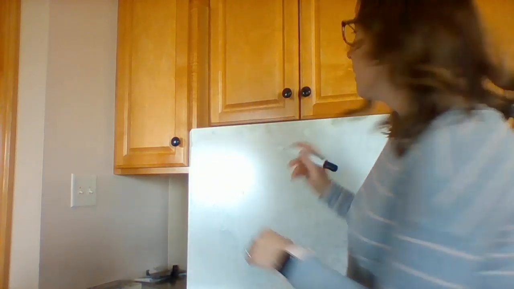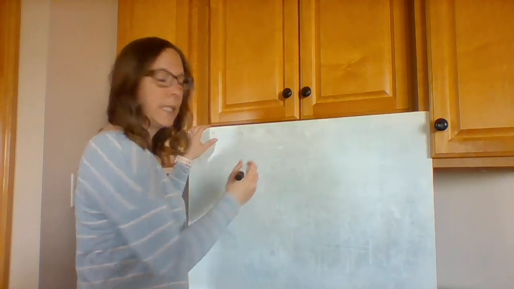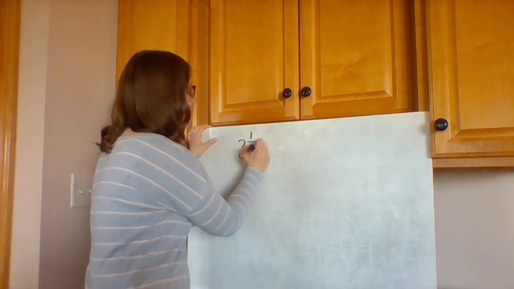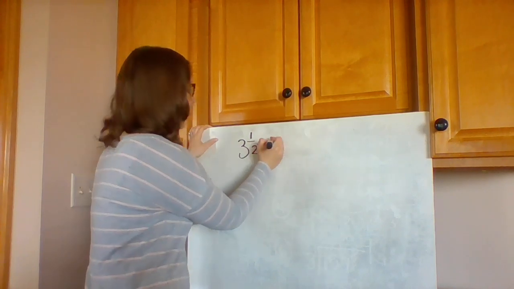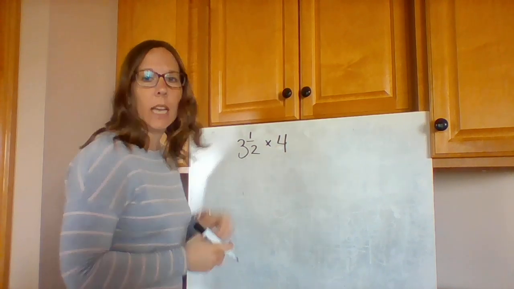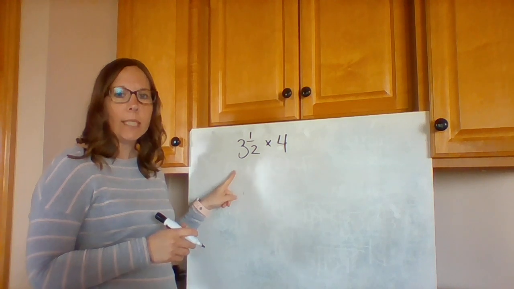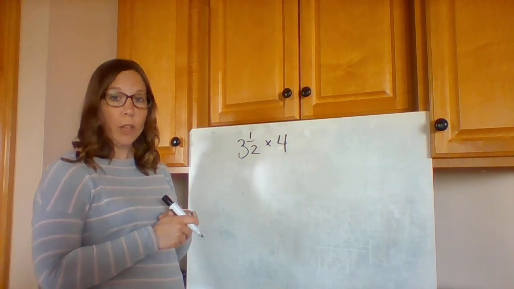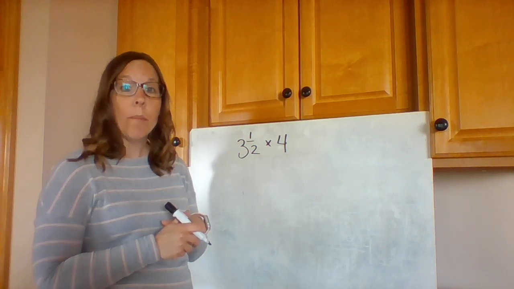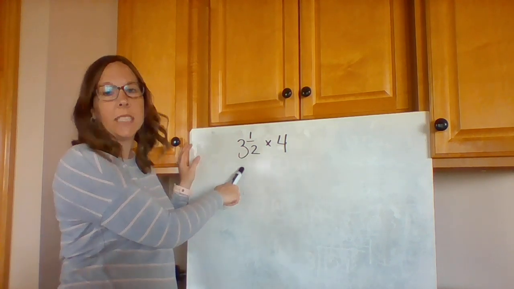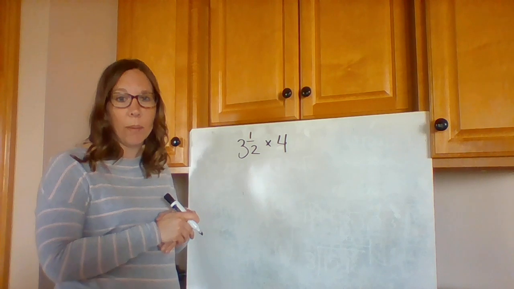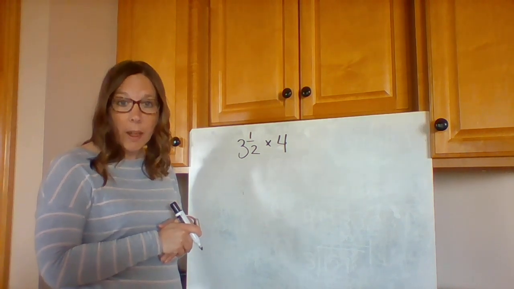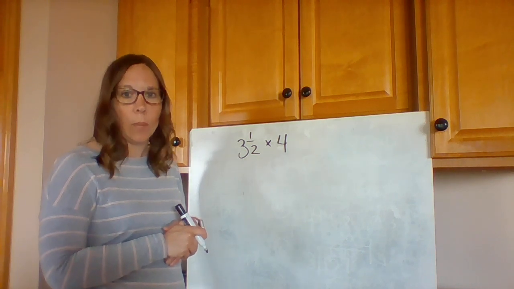So last week, we talked about if we had 3 and 1/2 times 4, okay? So we have a mixed number times a whole number. 3 and 1/2 times 4. Hopefully you remember what to do. If not, pay attention. I have to take my mixed number and put it into an improper fraction. I know that we don't like improper fractions, but in order to multiply, we have to put it into an improper fraction.